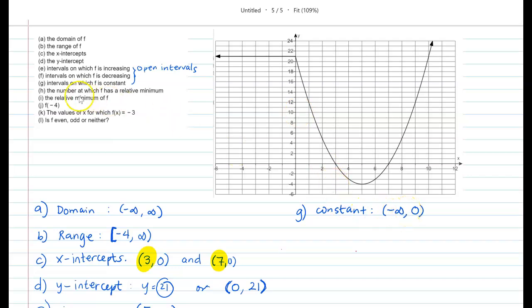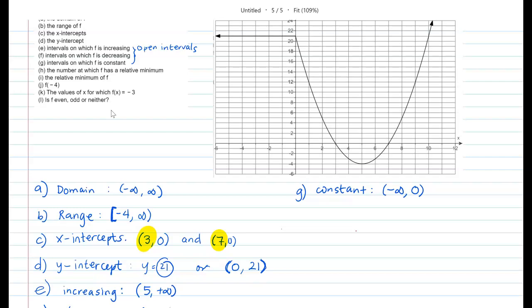Next, the number at which f has a relative minimum. That means the x-coordinate at which f has a relative minimum. It has a relative minimum at this point here, and that is at x equal to 5.